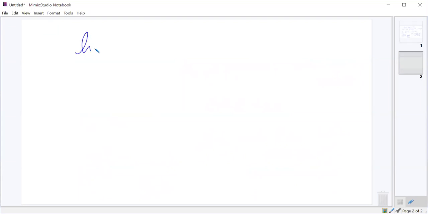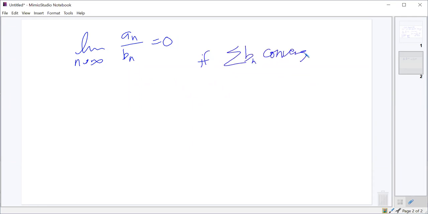This limit comparison test also says that if the limit as n approaches infinity of a sub n over b sub n equals 0, then we know that if b sub n converges, then a sub n also converges.